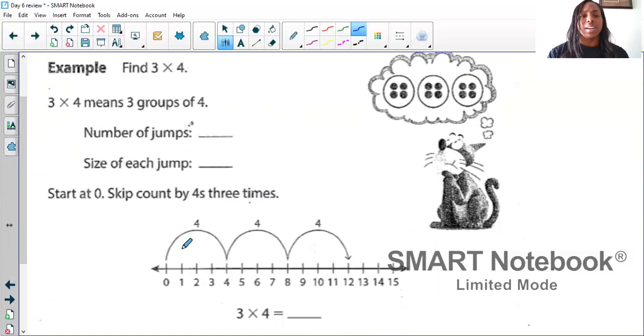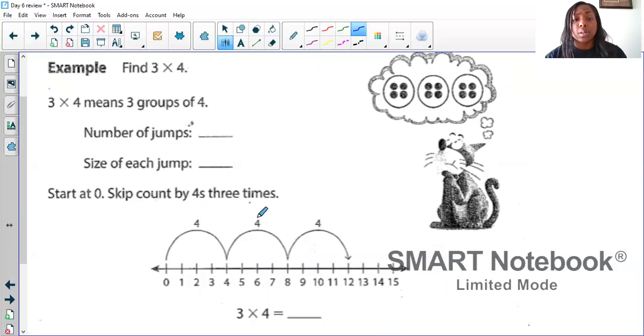So if I take a look right here, we skip counted or jumped over 4 numbers at a time. So they started at the 0 like we were talking about, and then they started counting at the 1. 1, 2, 3, 4. They landed right here on the 4. So with that being said, what are the number of jumps that we're going to take?